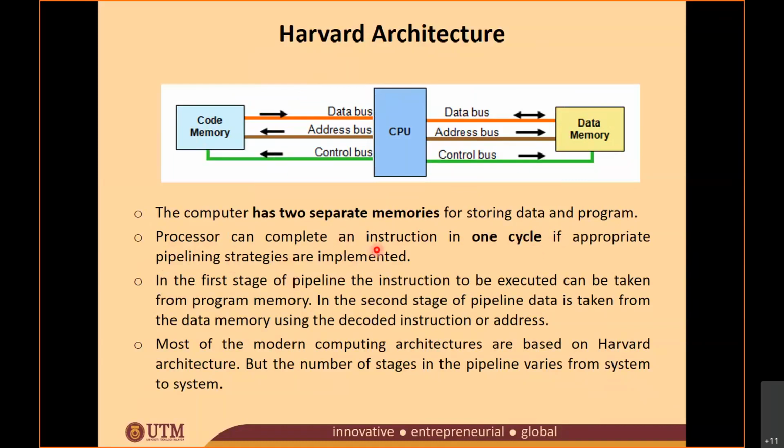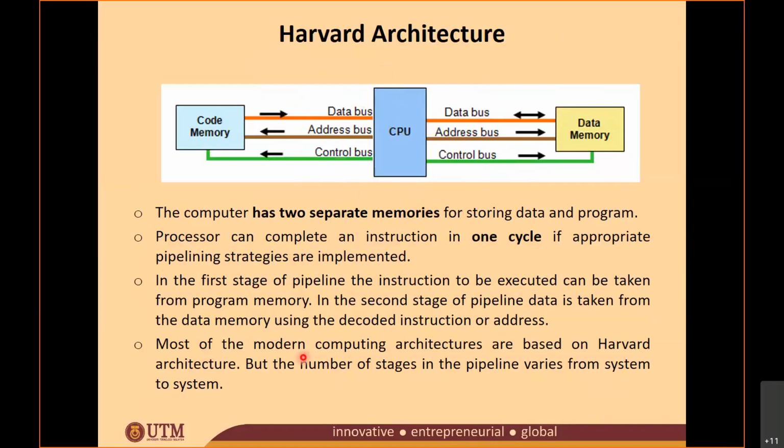Okay, kalau kita untuk this type of computer system architecture, kita boleh buat multitasking dengan pipelining. So what happened here is in the first stage of the pipelining, the instruction to be executed can be taken from program memory and at the same time, dia akan execute sebab dia have different buses.